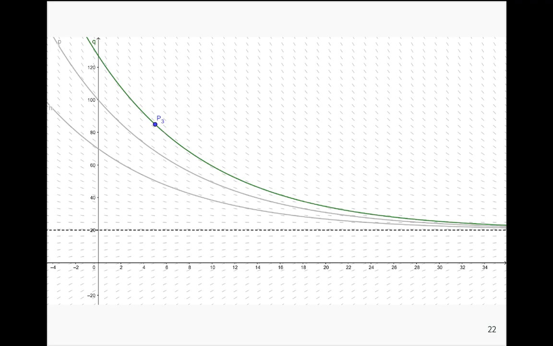That's this point here: 5 minutes here and 85 degrees here. We can even trace time back and find that the initial temperature when it came out of the oven must have been about 125 to 130 degrees.